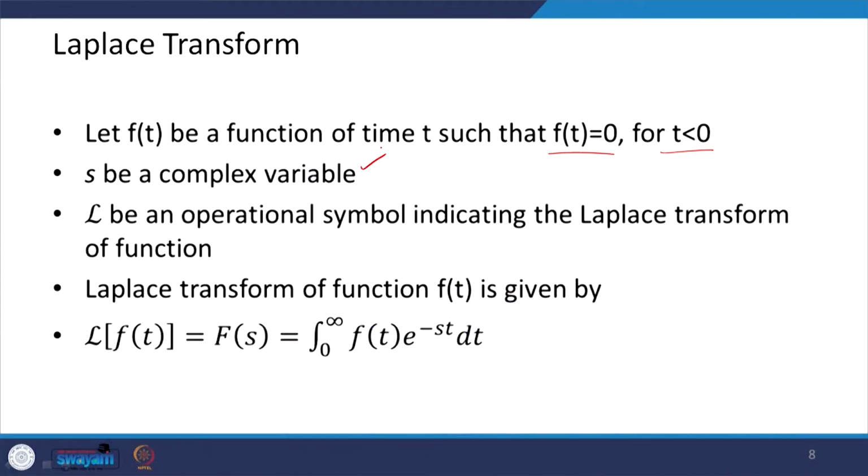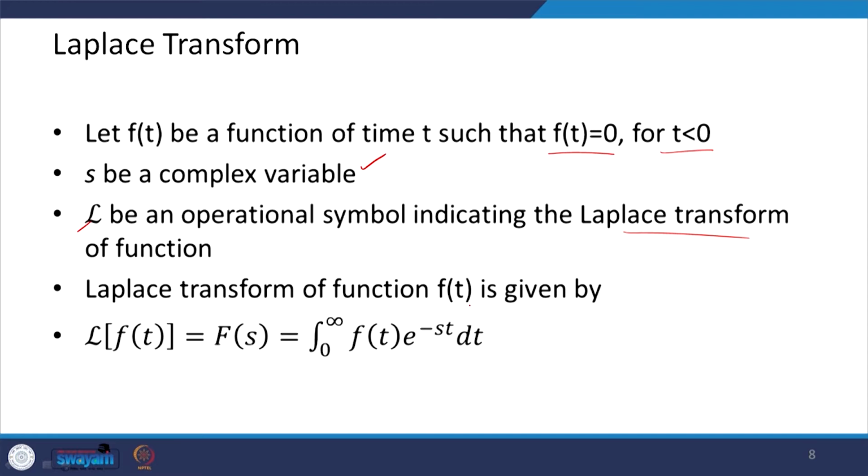When we solve a differential equation using this method, the transient and steady state components of the solution can be obtained simultaneously, which otherwise has to be done separately, as we have seen in the last lecture. So, let f(t) be a function of time such that f(t) is equal to 0 for t less than 0, and s is a complex variable, and let L be the operational symbol indicating the Laplace transform of a function.